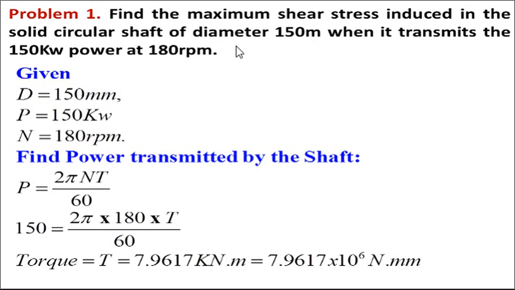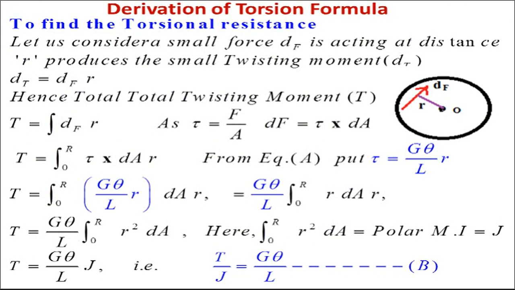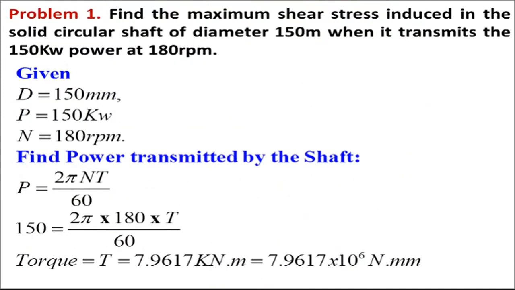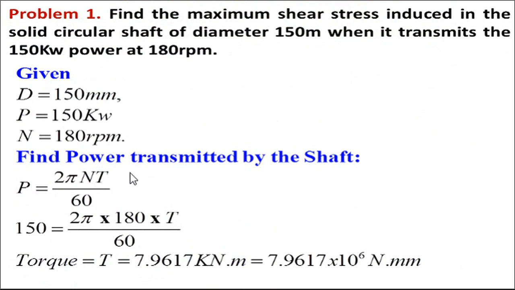Power P is 150 kilowatt here, and N is 180 RPM. Okay. So to calculate power transmitted, normally we are using the equation 2 pi N T upon 60. Okay, you might have studied in electrical subject. Power is calculated using equation 2 pi N T upon 60. So whenever there is a denominator 60, here you will get this value in watt.